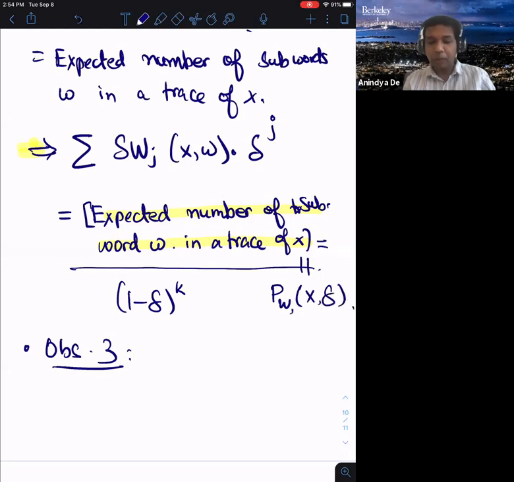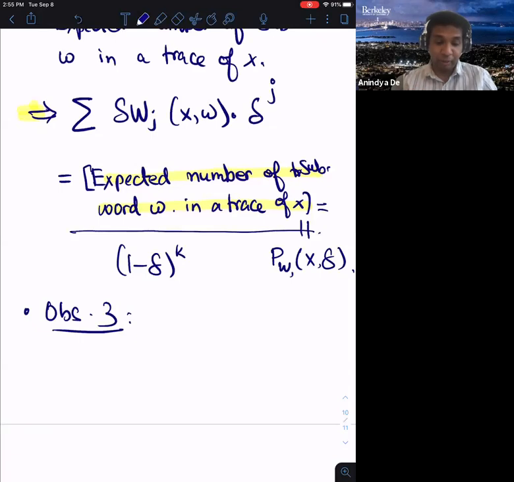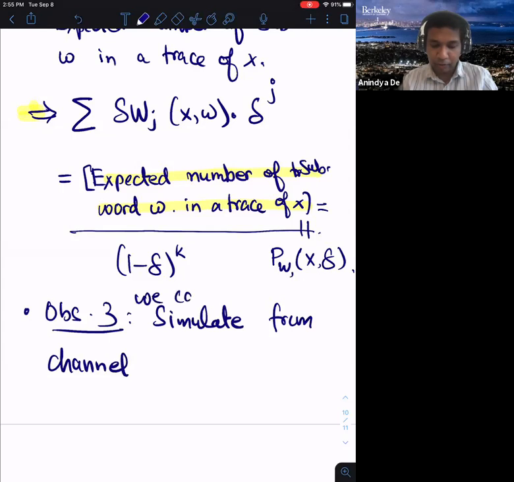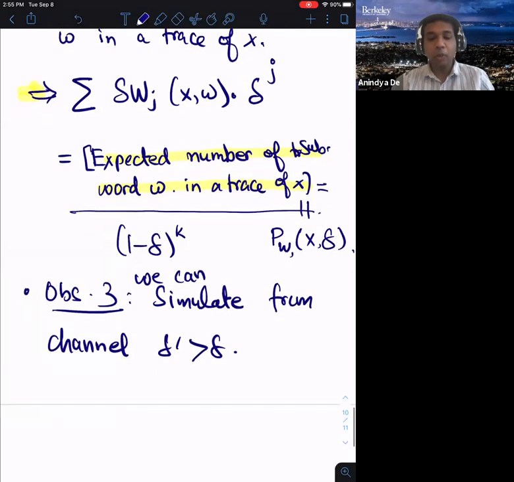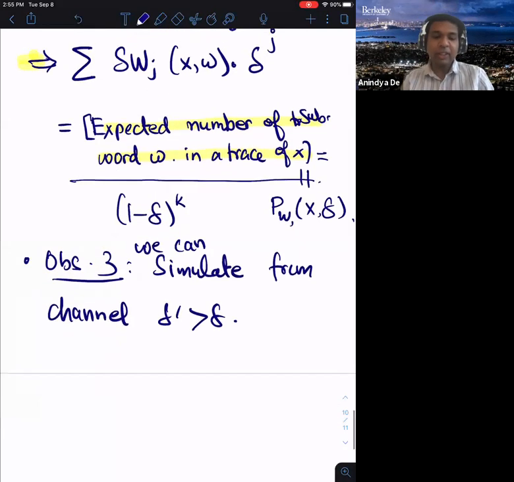Suppose somebody gave me the value. Well, then this would be great, because of observation 3: we can simulate traces from a channel with delta prime greater than delta. Well, why is this great?